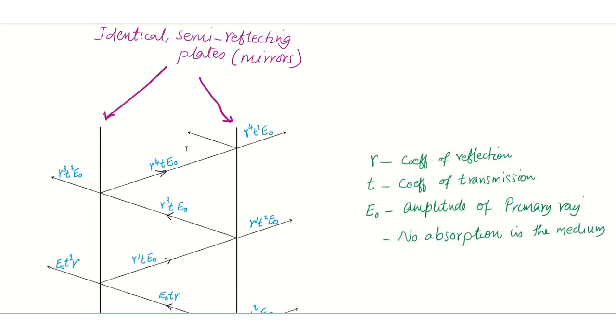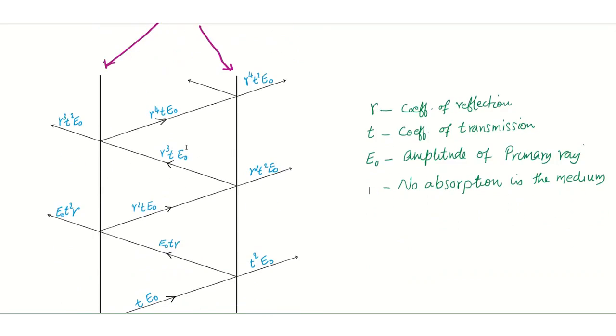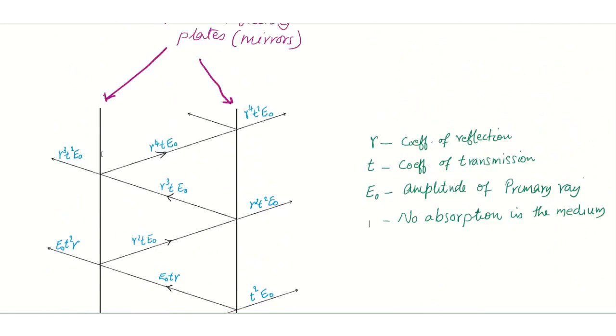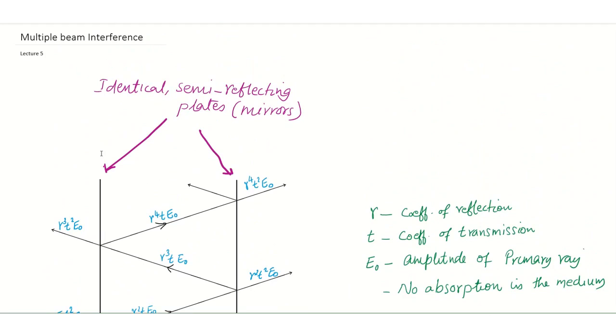Here, in multiple beam interference, we don't produce many beams, but it is done with two optically flat identical semi-reflecting plates, or in other words, semi-reflecting mirrors.